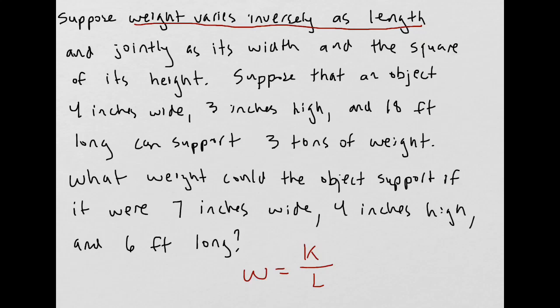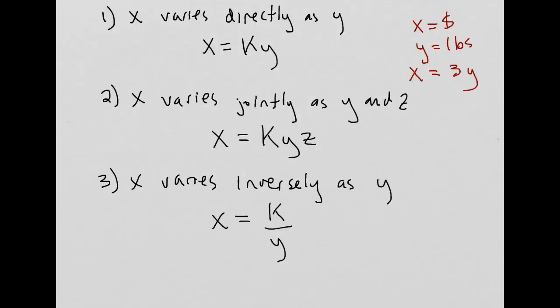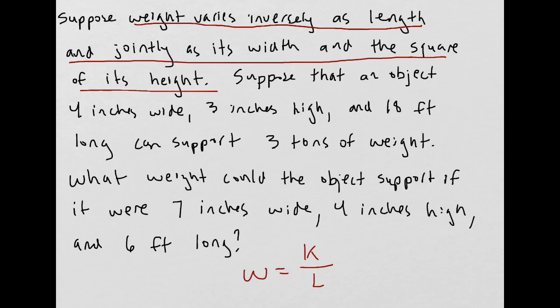If we keep reading, it says, and jointly as its width and the square of its height. If I go back to the definition of jointly, if x varies jointly as y and z, we have x equals some sort of a constant times y and z. We already have the constant there, so all we need to add to our formula is the variables that the weight is varying jointly as: its width and the square of its height.